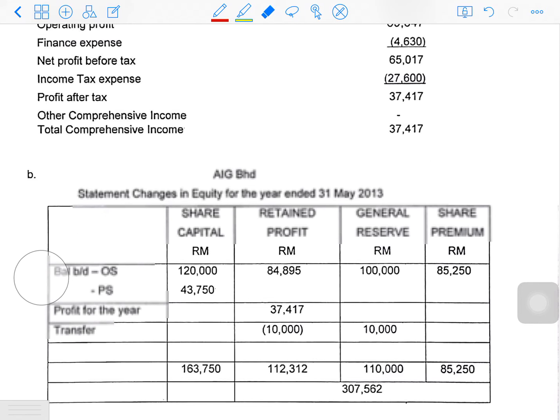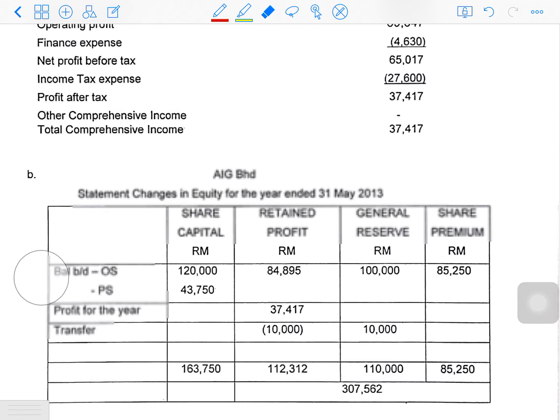For example, in the income statement you have sales, cost of sales, gross profit, administrative expense, distribution expense, operating profit, finance expense, net profit, income tax expense, and profit after tax. And then you get the total amount of comprehensive income.